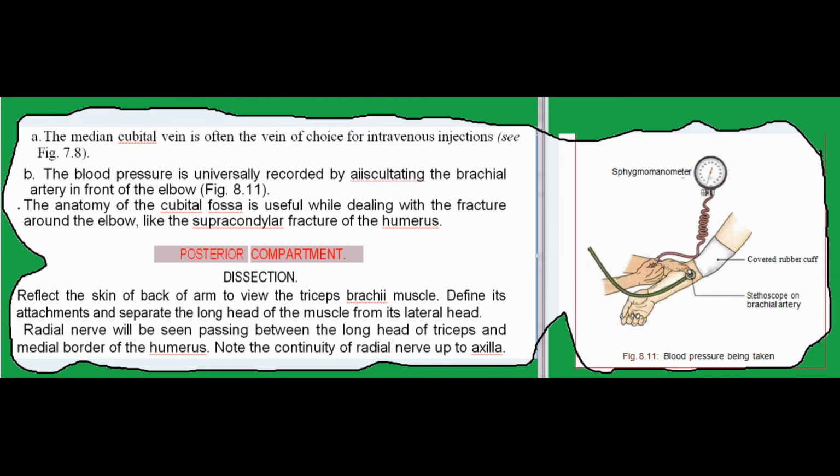Dissection. Reflect the skin of the back of the arm to view the triceps brachii muscle. Define its attachments and separate the long head of the muscle from its lateral head. The radial nerve will be seen passing between the long head of triceps and the medial border of the humerus. Note the continuity of the radial nerve up to the axilla.